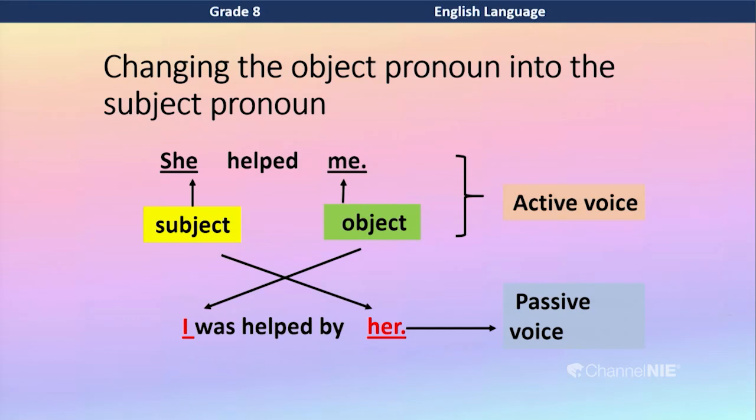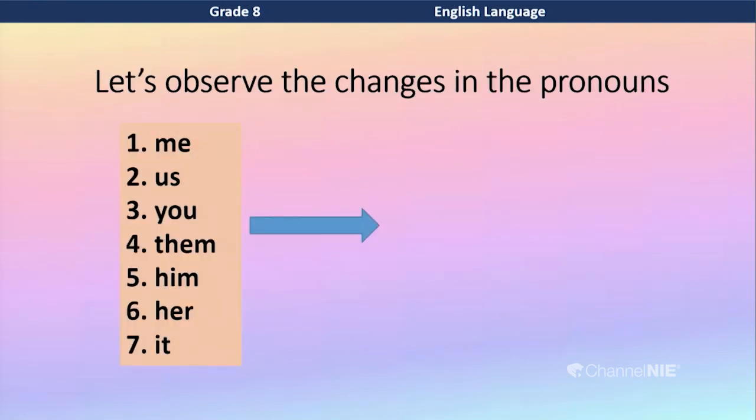And if you want to do these changes, you should know what these object pronouns and subject pronouns are. So, in this slide, you will see the first set of words are the object pronouns, and Miss Chamari will read them for you. Me, us, you, them, him, her, it.